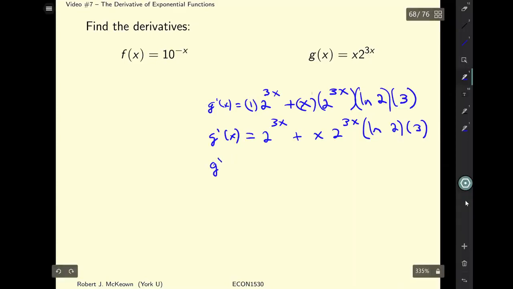And I can make it just a little bit easier by factoring out the 2^(3x). We're left with 1 plus 3x log 2.